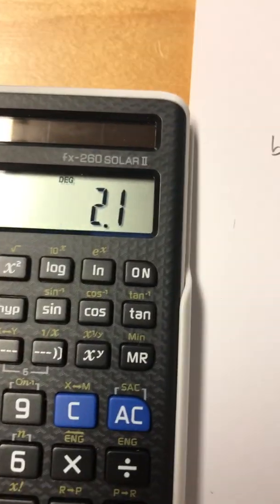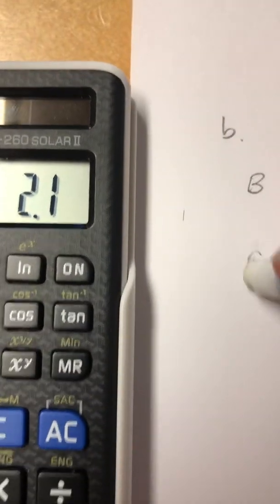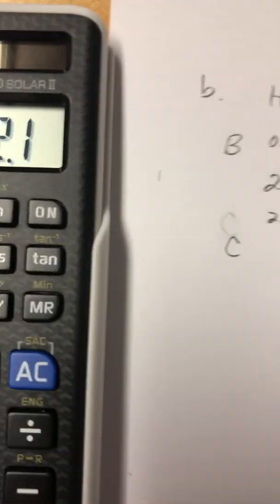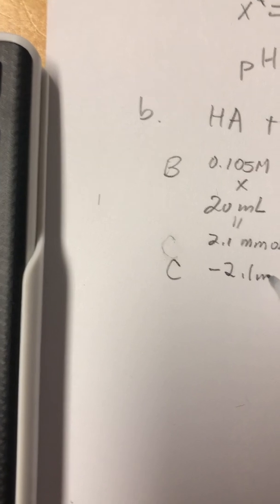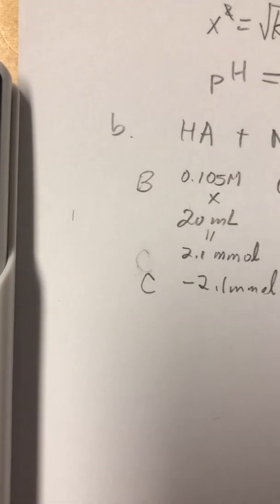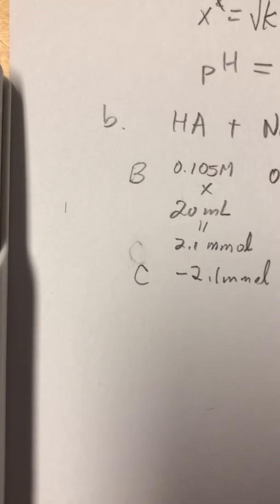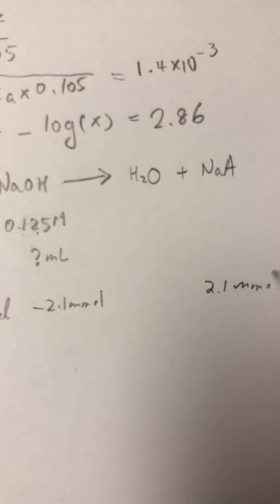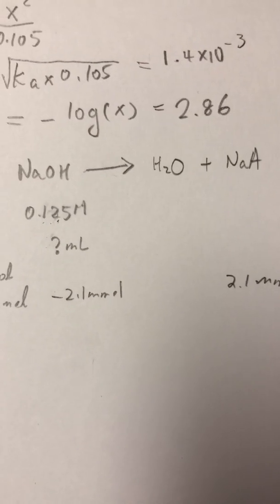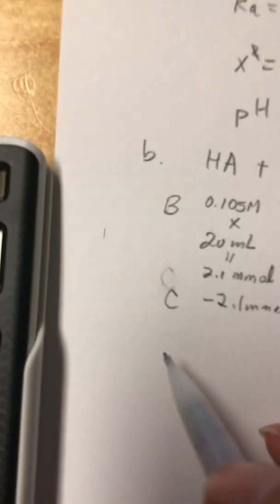Well, the change, if you really want to use this method, would be all of this being consumed, and you should generate 2.1 millimoles of sodium A. I write it in here since it will be useful for later calculation.